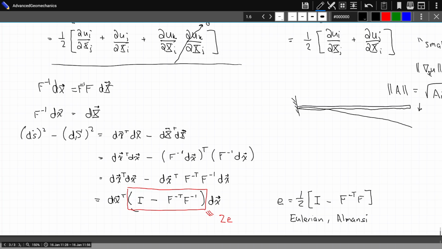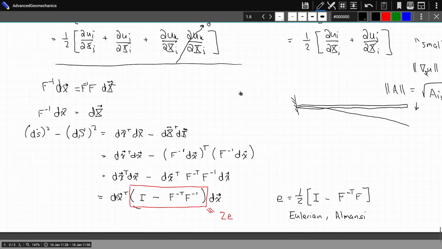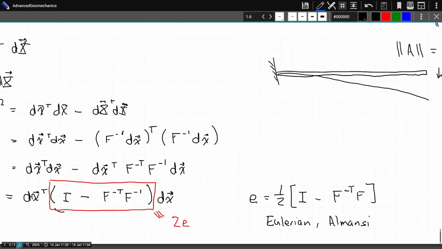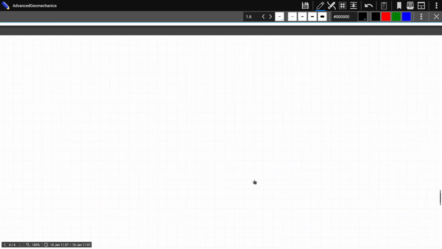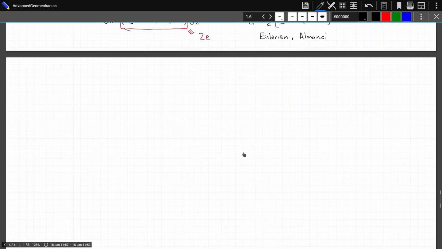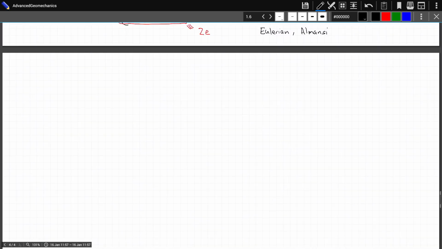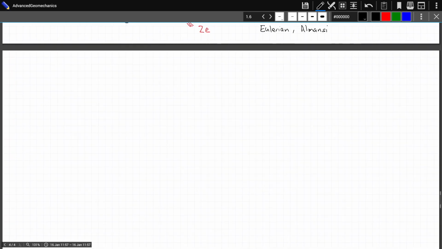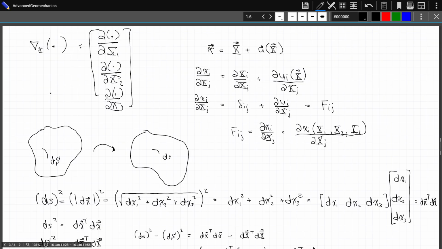So let's see what that definition of strain looks like. Remember again, we have F equal to I plus grad U transpose. So let's plug that into our definition of strain, E for the Eulerian strain.